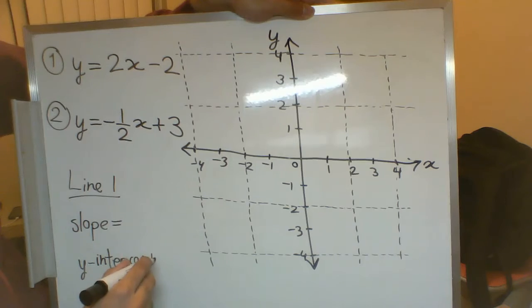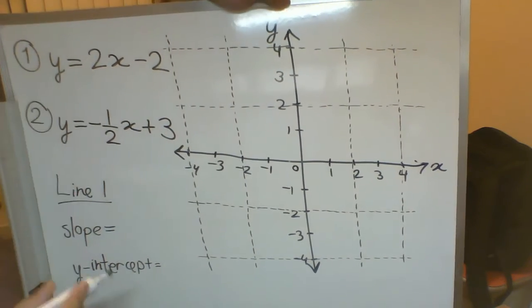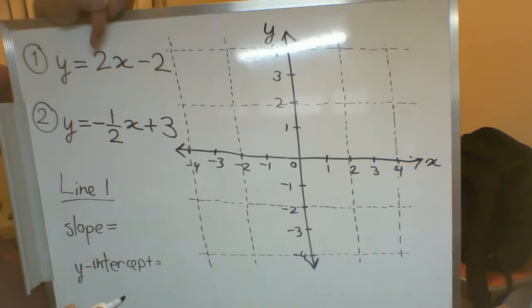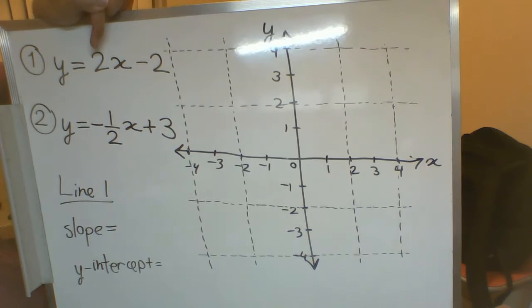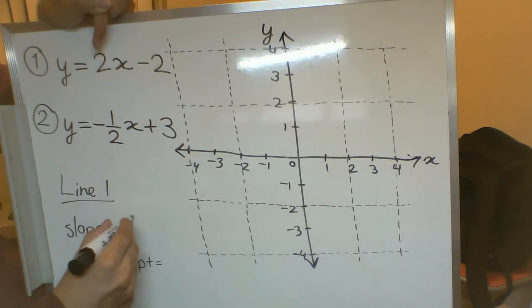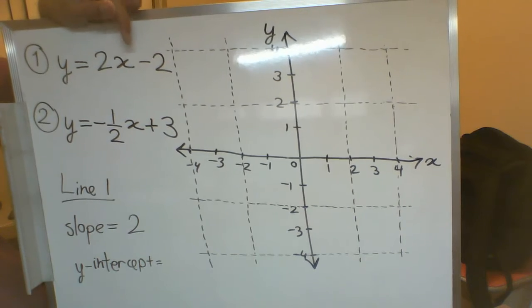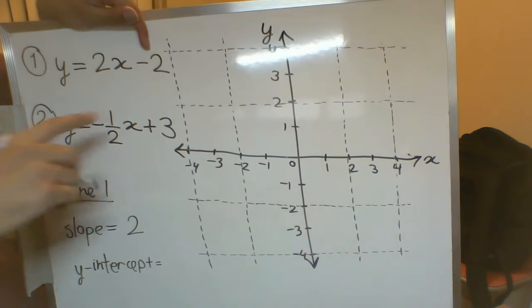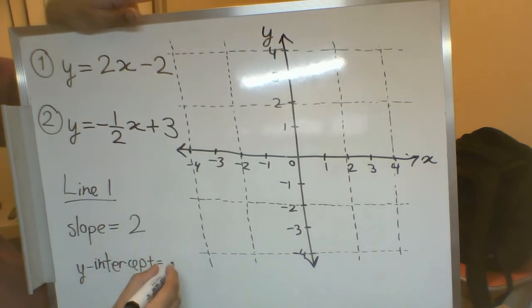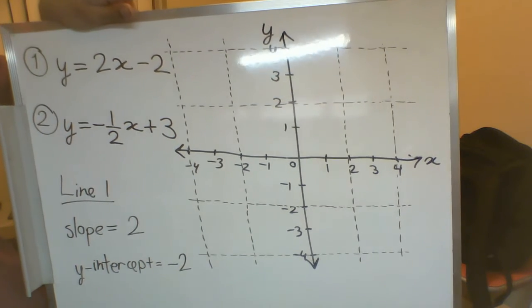Slope and y-intercept. If we look at the equation of the line here, the slope is the thing that's sticking out in front of the x, so we have a positive 2 for our slope, and for our y-intercept it's the thing sticking out the back, but we have to carry the minus sign, so our y-intercept is negative 2.